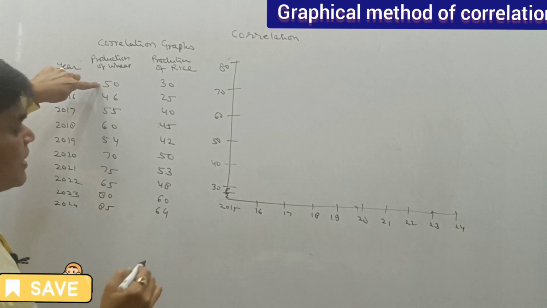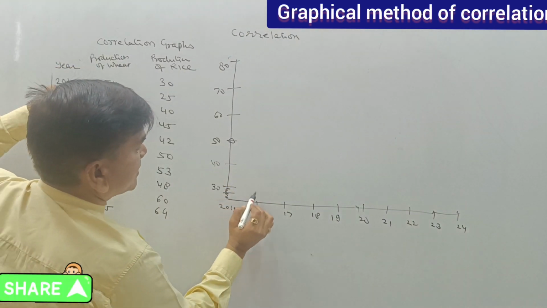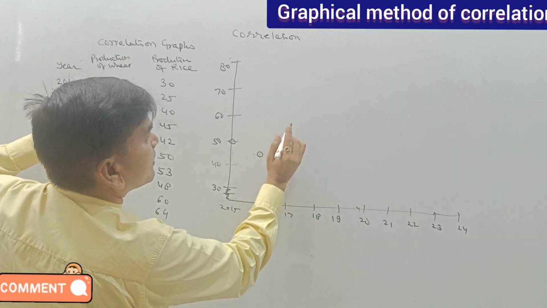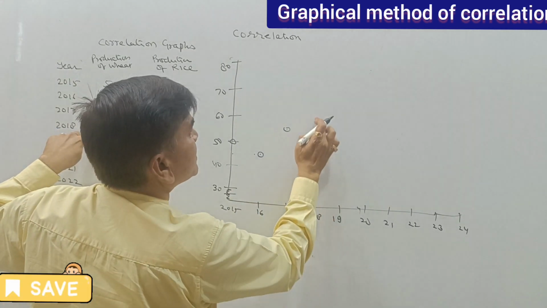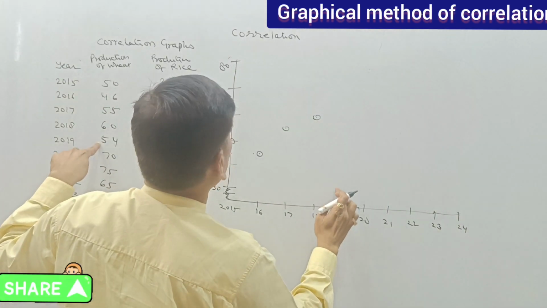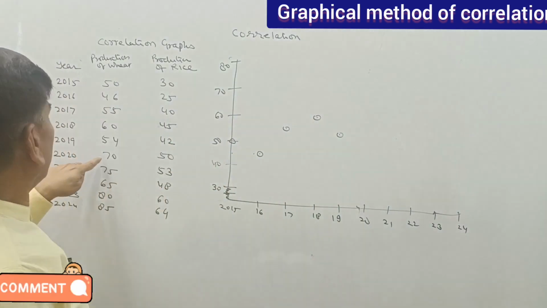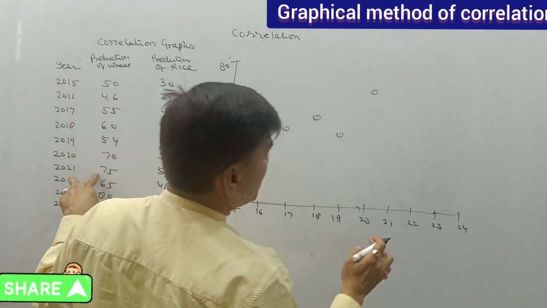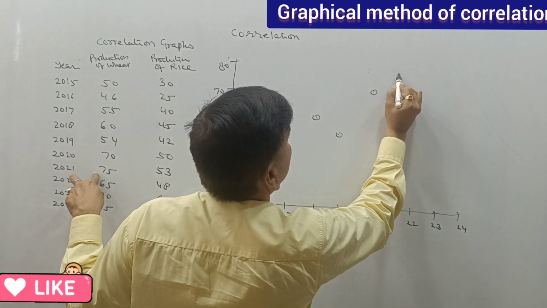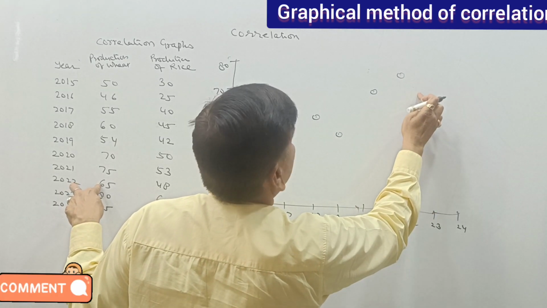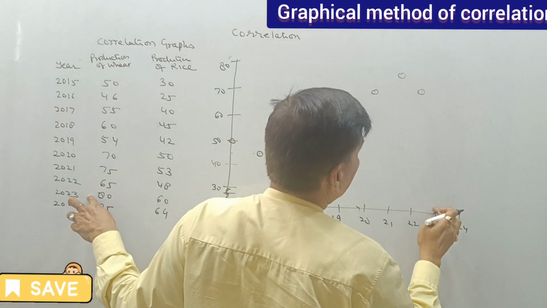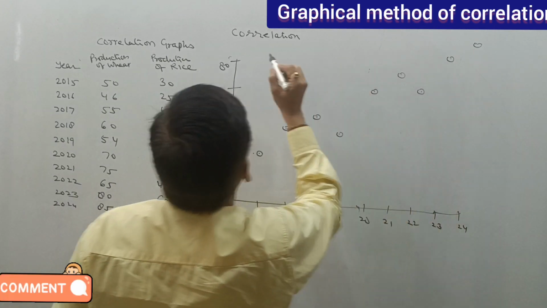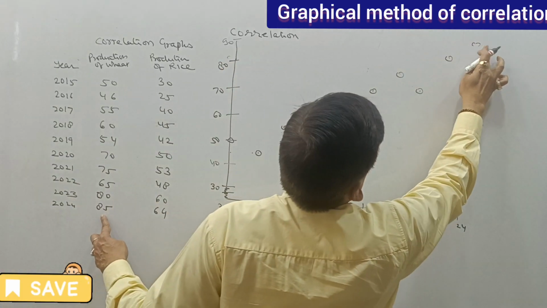Firstly, we are plotting the production of wheat, that is 50, then 46 in 2016, then 55, then 60 in 2018. Then 54 in 2019, and in 2020 the production is 70, in 2021 it is 75, then 65 in 2022, then a bumper crop in 2023, where the production is 80, and in 2024 it is 85.